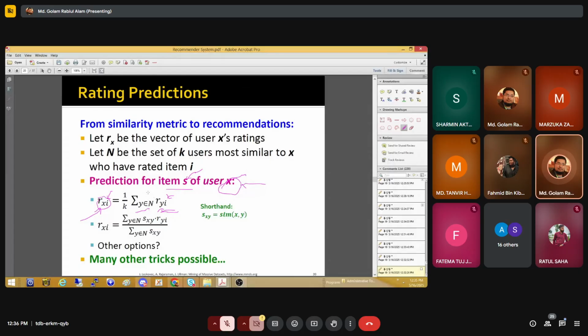So how can we determine the subset? Again, we want to find out the similar-minded users, but similar-minded k users only. That is, from our total n users, we want to find out the k users using the similarity measurement. At first, we need to find out the similarity between x and y.